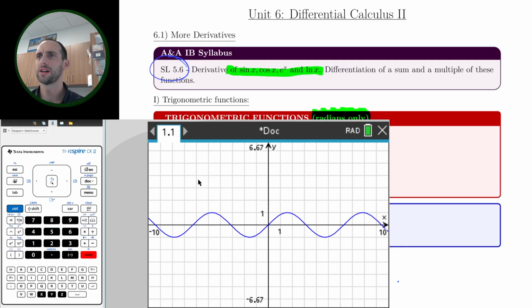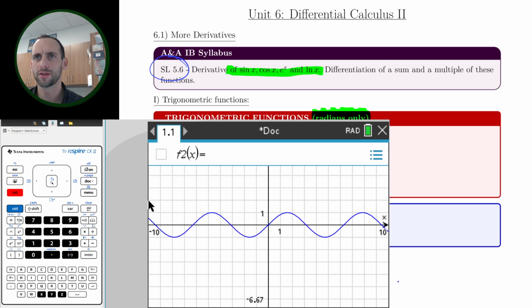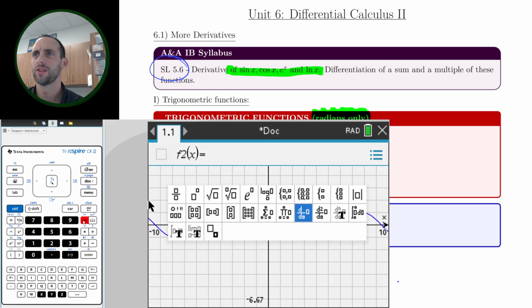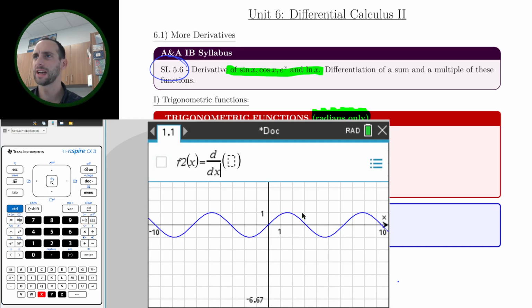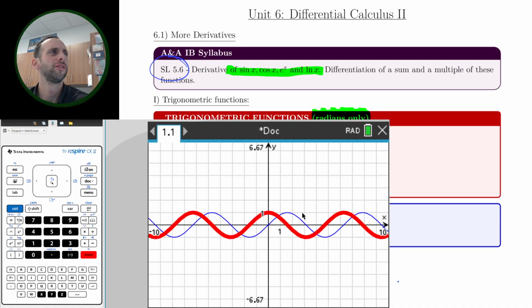And we are going to use our calculator to graph its derivative. So we can do that by selecting the little template next to the number 9, grabbing this d/dx template that we'll fill out, and then we can either feed in sin x here, just like before, or we can actually create a function dependency and feed in that first function f1 of x. Okay? So this will graph our derivative of sin x.